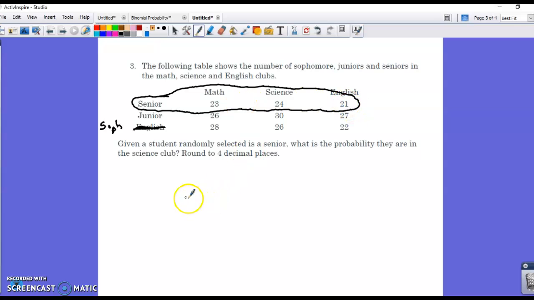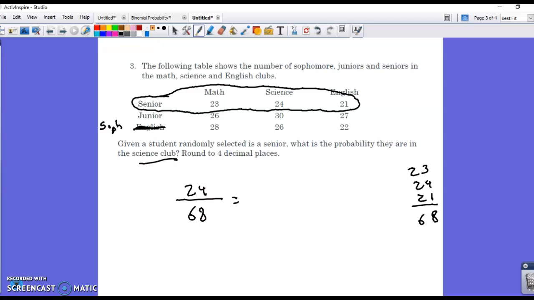So given it's a senior means our denominator is just going to be those seniors. So 23, 24, 21, 8, 6. So the denominator is the 68 seniors. What's the probability that they're in the science club? So just looking at that group, that's the 24 of them that are in the science club.